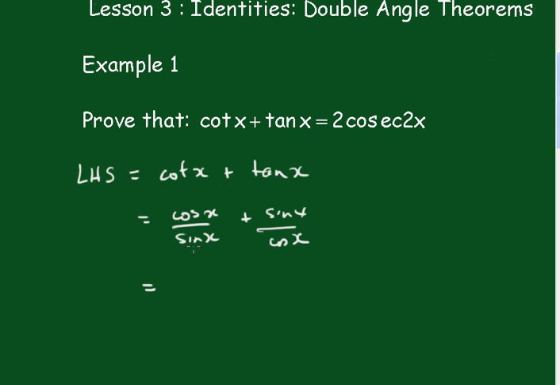Putting over a common denominator of sin x cos x, we multiply this one by cos x, that's cos squared x, and this one by sin x, sine squared x all over sin x cos x.